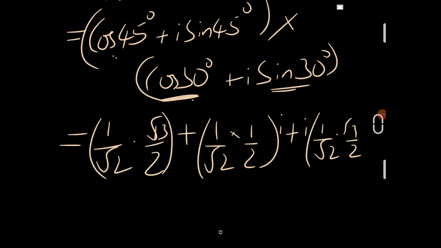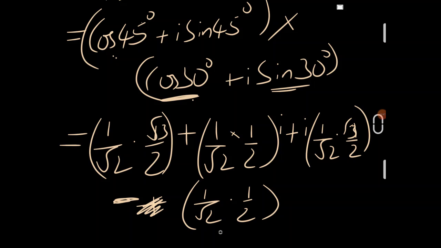and then the last term, i sin 45 into i sin 30. I into i is i square, so it will become minus. Sin 45 is 1 by root 2 into sin 30, that is 1 by 2. So now what will be the answer?